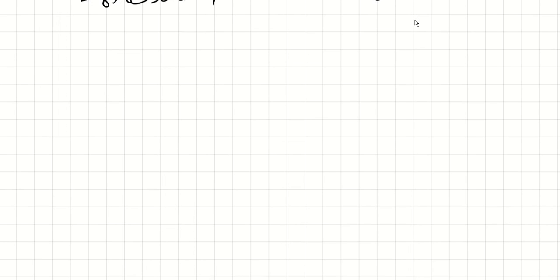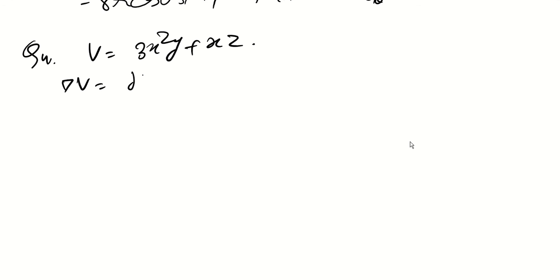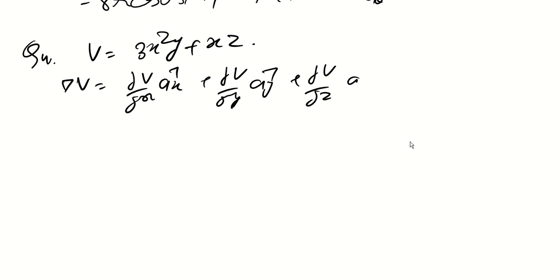Let's take 2 more examples so that it becomes very easy for you to understand gradient, divergence and curl, because people are asking questions in GATE as well. So find the gradient for a function v equal to 3x square y plus xz. So del v is equal to dou v by dou x ax plus dou v by dou y ay plus dou v by dou z az.